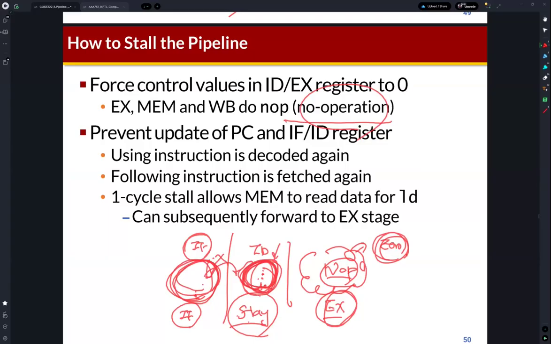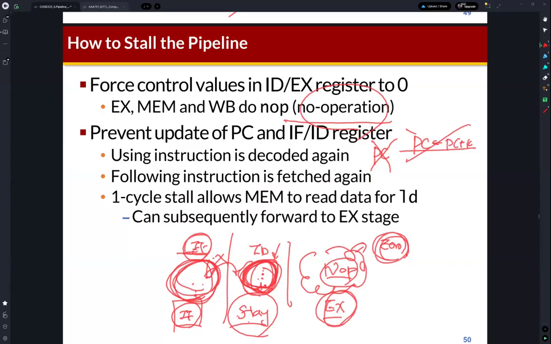So how can we make the instruction in the instruction fetch stage stay in the instruction fetch stage? We do not update the PC, right? In order to fetch the next instruction, we need to update the PC, like PC is PC plus 4, right?